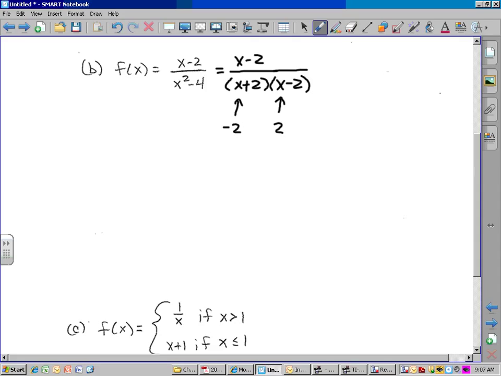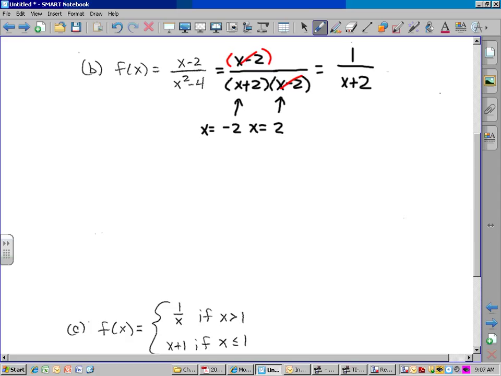The question now is, what type? Well, does anything cancel out? The answer is yes. X minus 2 cancels with x minus 2, giving us 1 over x plus 2.